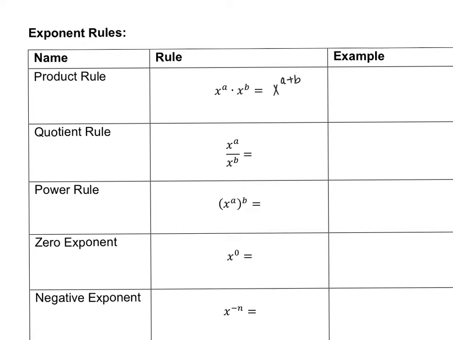A quick example of showing that is if I have maybe x to the 7th power and I'm multiplying it, let's give it a negative exponent this time, by x to the negative 3. Well, I can add 7 with negative 3, because both of them are x's, so I would really have to work out what is 7 plus negative 3.